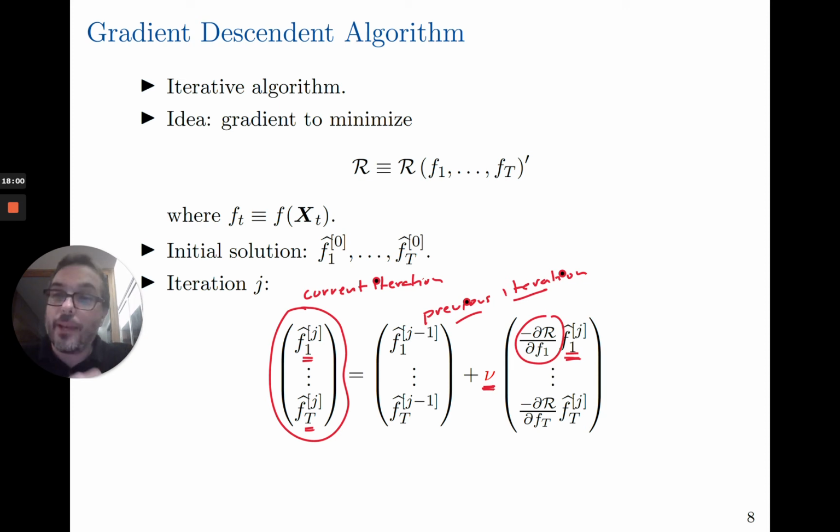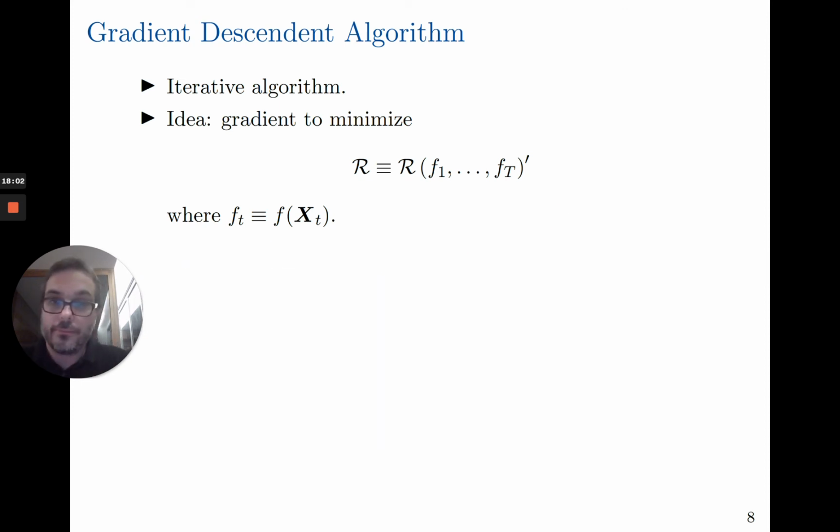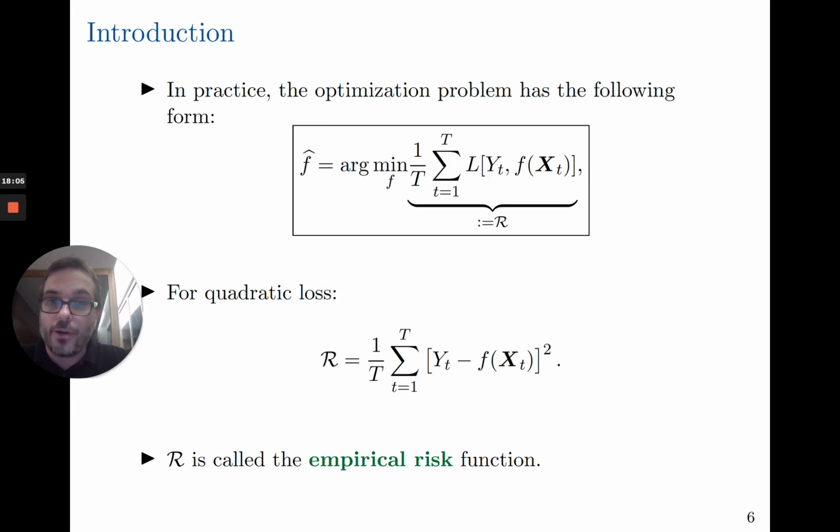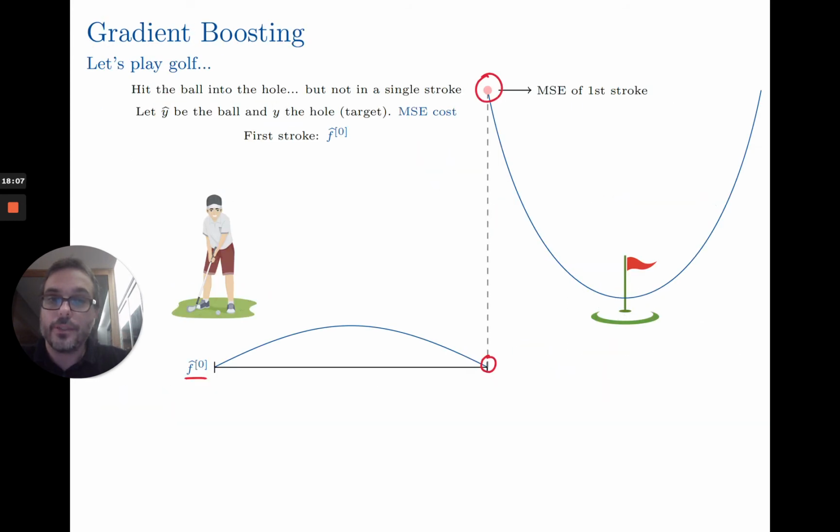Why is the step length important? Let's go back to our golf example. Okay? Imagine that when we were at this point here, we hit the ball too strong. So you can go much further away than the hole. But now we have to go back. So the gradient points in this direction.